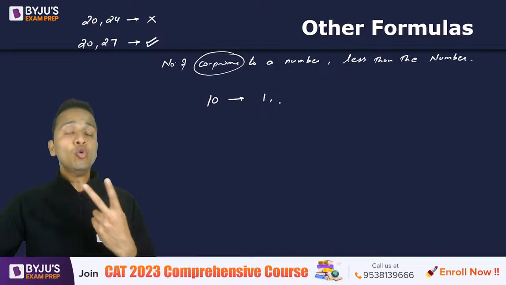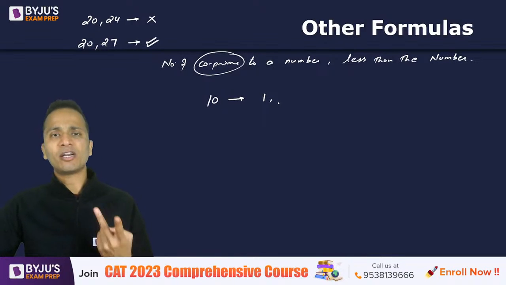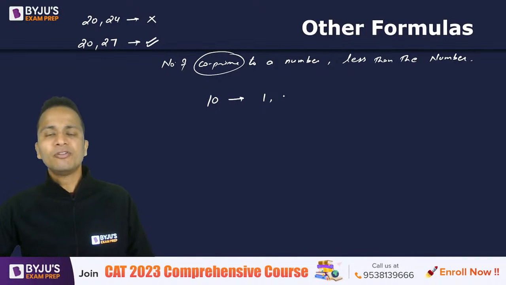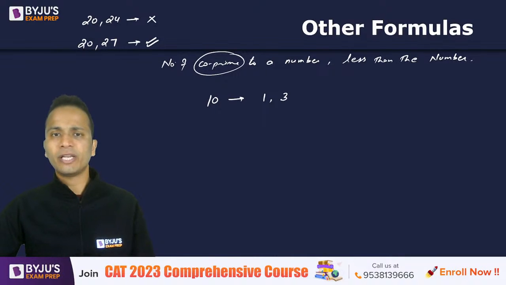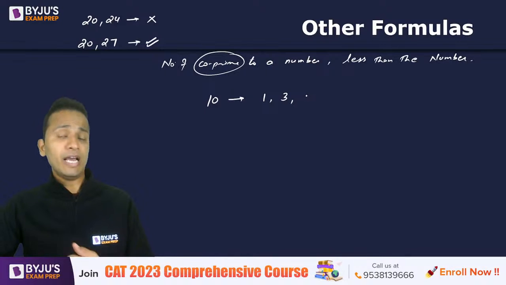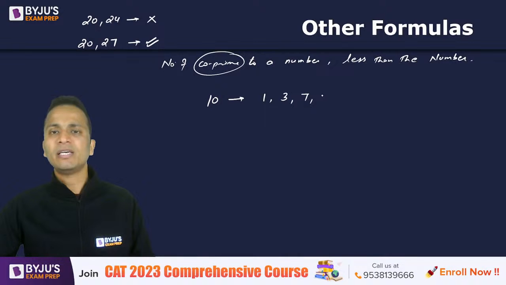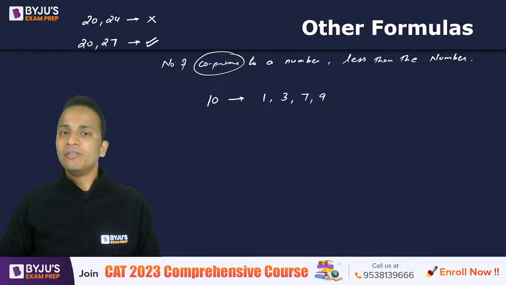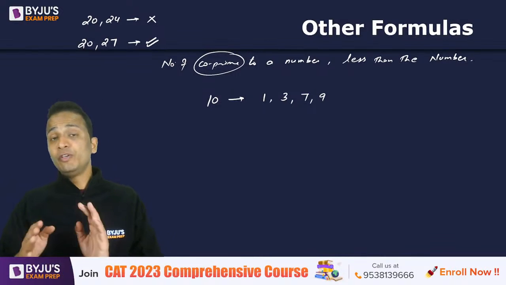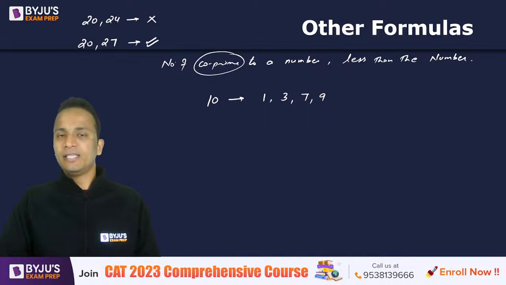Then 2. 2 and 10 have a common factor of 2, so they will not be coprime. Then 3. There is no common factor in 10 and 3. 4, we have a common factor of 2. 5, we have a common factor of 5. 6, we have a common factor of 2 among 6 and 10. The next number will be 7 and the next number will be 9. So 1, 3, 7 and 9. These are the four numbers which are coprime to 10 and are less than 10.